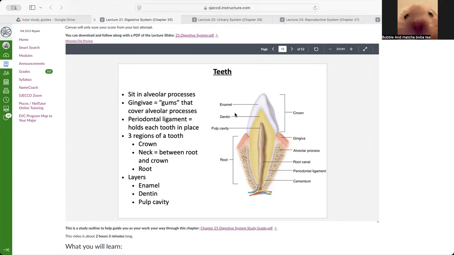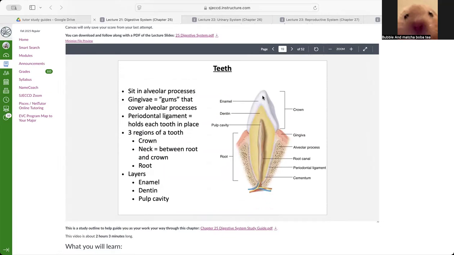The gingiva is this one right here, right? Your gums, and it's a type of mucous membrane with connective tissue. Your teeth are held into your mandible and maxilla by ligaments. There is a periodontal ligament that holds each tooth in place.